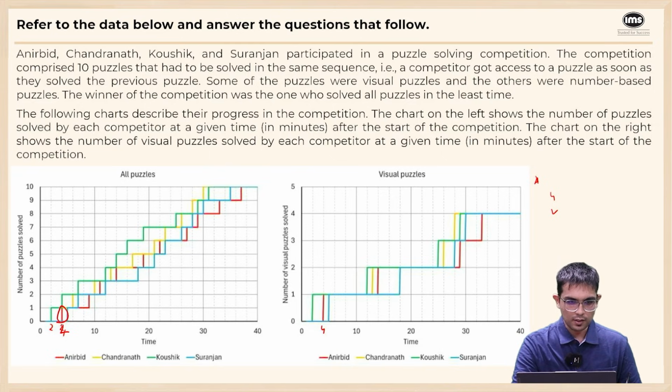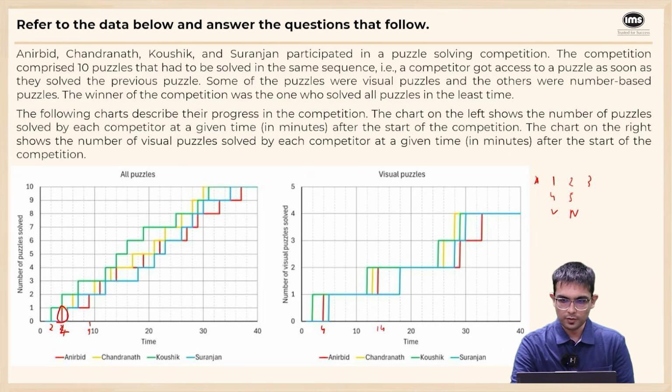The second puzzle, now A is from 4, it is 6, 8 and 9. So the second puzzle took 5 minutes, and total is 9 minutes, but here the second visual puzzle got over at 14th minute. So the second puzzle is not visual, it is for sure a numeric puzzle.